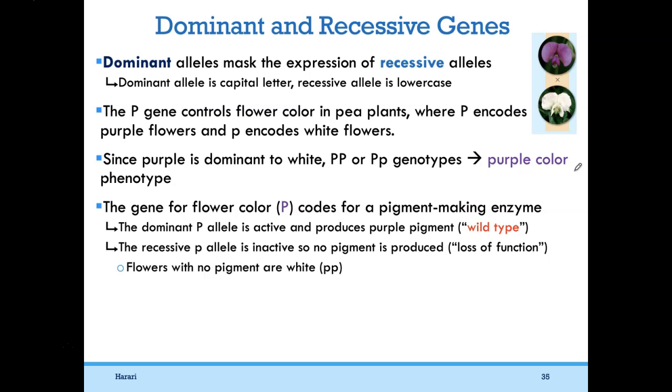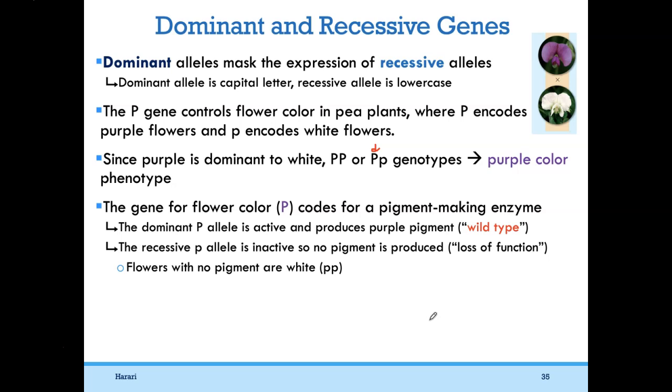They have little p, little p. But even if you have just one copy of big P, right? A big P, little p has only one copy of the pigment-making enzyme. That's enough for it to look completely purple. Since purple is completely dominant to white, having just one copy of big P is enough for the entire plant to have purple flowers.